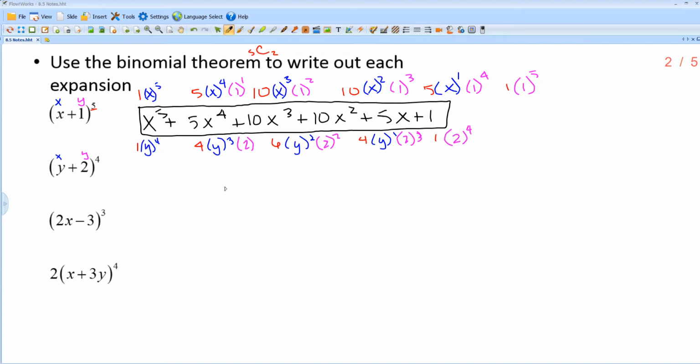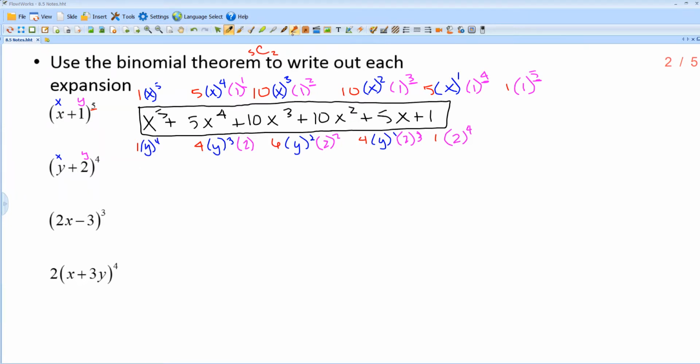Remember that what should happen with these is that your exponents, in this case in the blue, should decrease, and in pink they should increase, starting from 0. Also remember the way that I do this, the pink one will always be our quote-unquote y. That is the R value. So here, R was 1, R was 2, R was 3, R was 4, R was 5, and it's always 1 less than the term number.